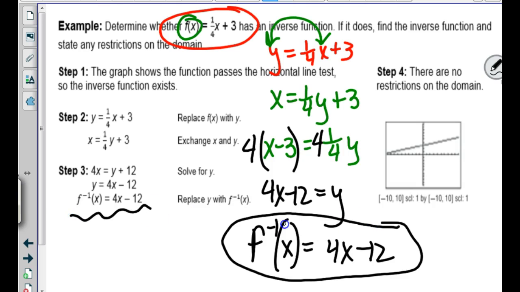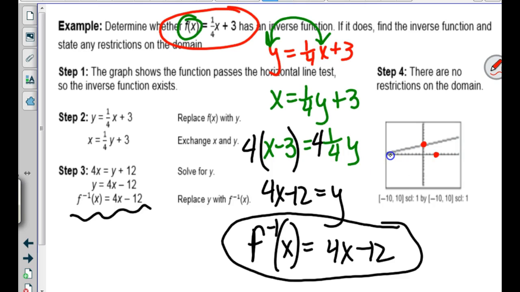It's really important that you switch the x and y. Let me confuse you a little more on that. All right, so that one was done for us. Anybody know what the inverse would look like? If this was originally 0, 3, what point would it be on the inverse function? 3, 0, okay?